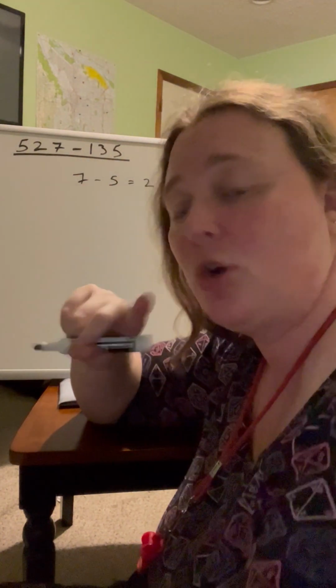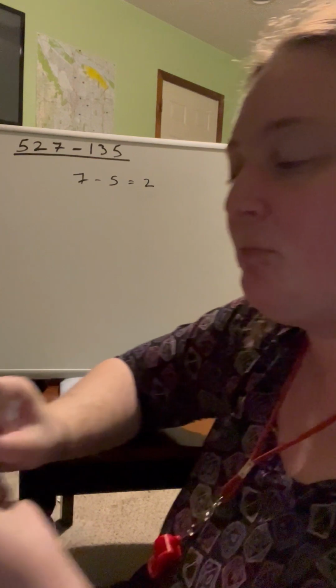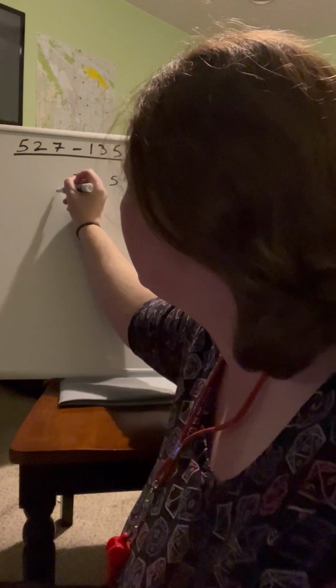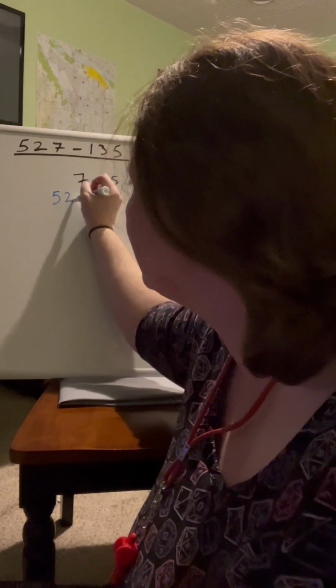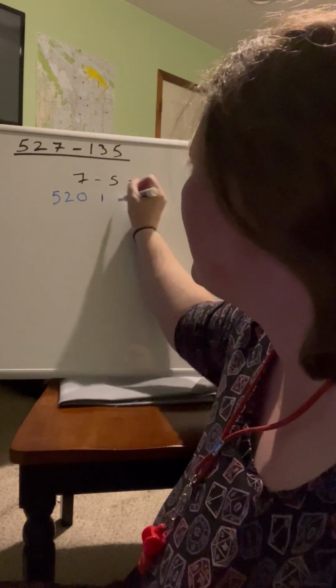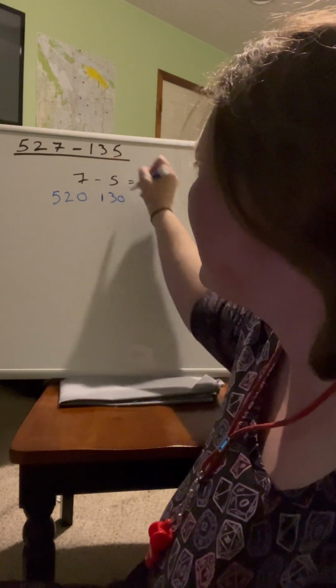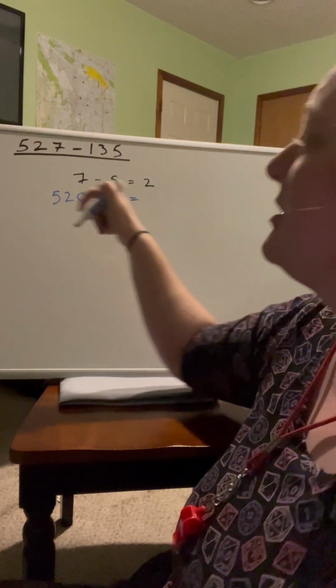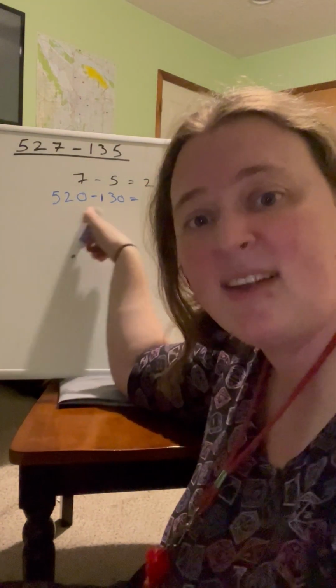Now, what this could look like, if we write it another way, is 520, and we've taken the 2 away, and 130, and the 5 goes up here, equals, because this is what we've got left.